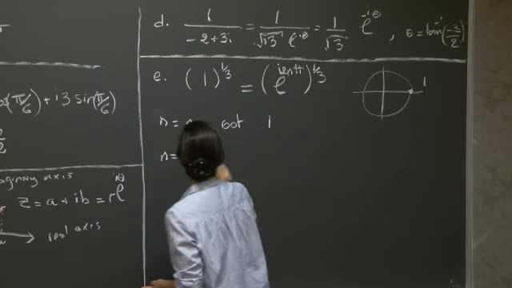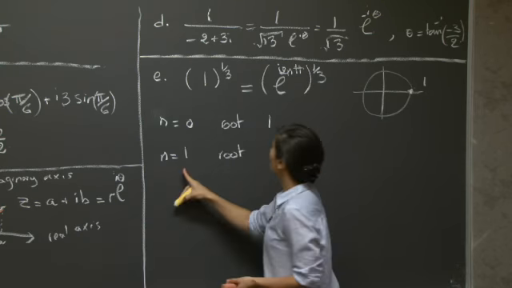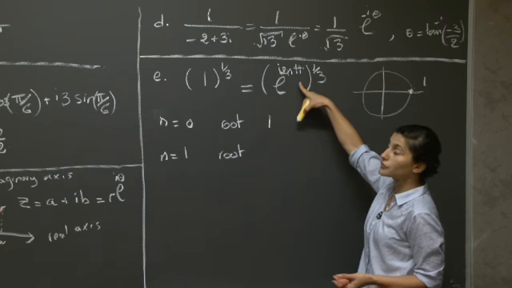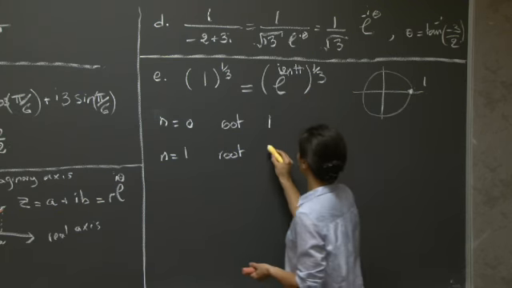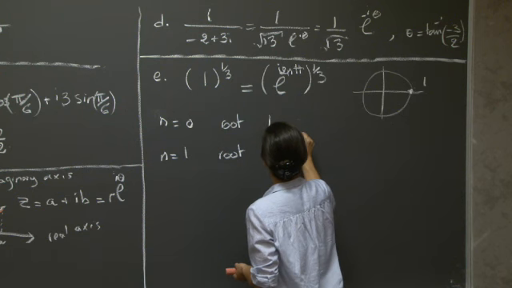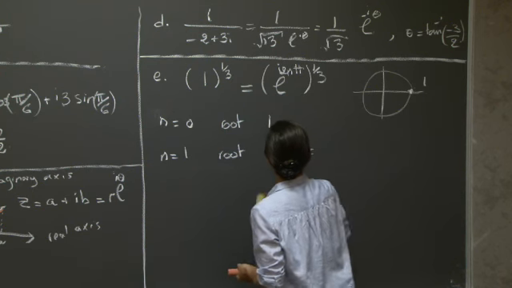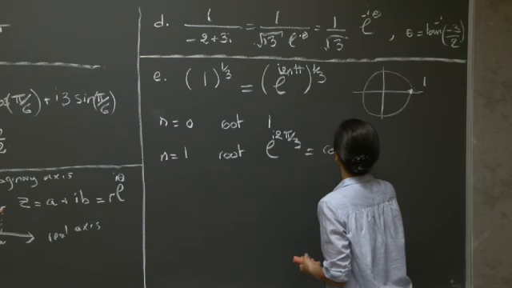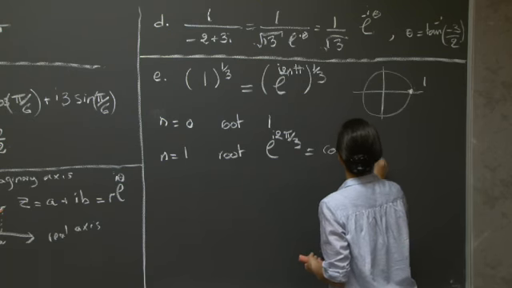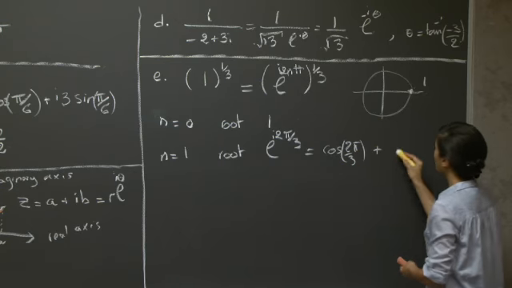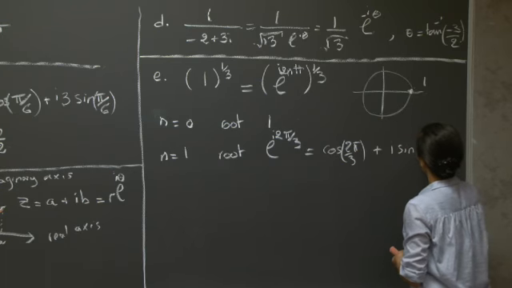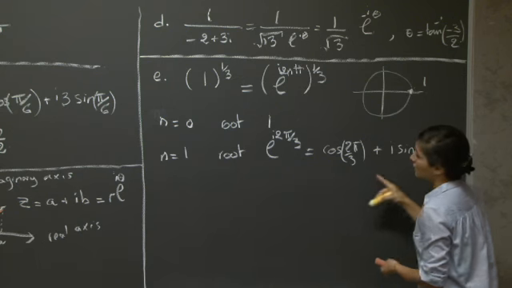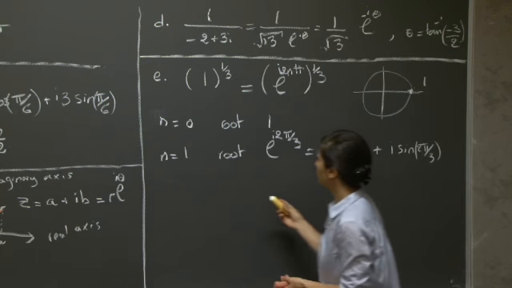n equals 1. We're going to have exponential of 2 pi over 3, which we can express again using the Euler formula, also in coordinate form. And then just write down the values.